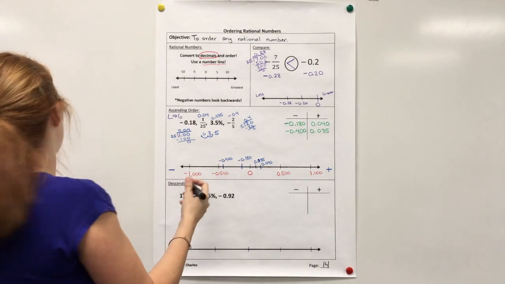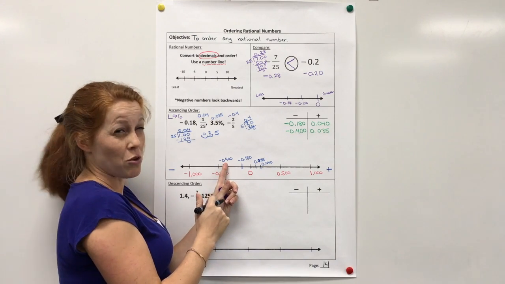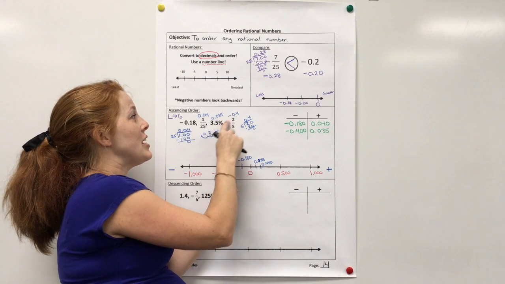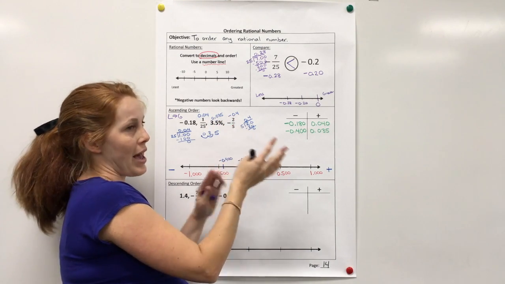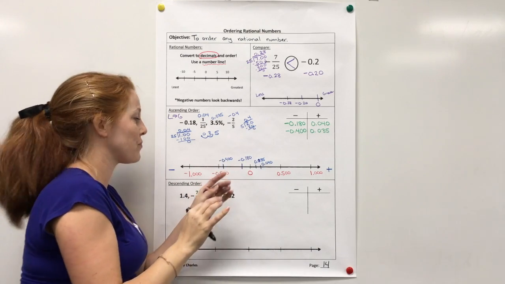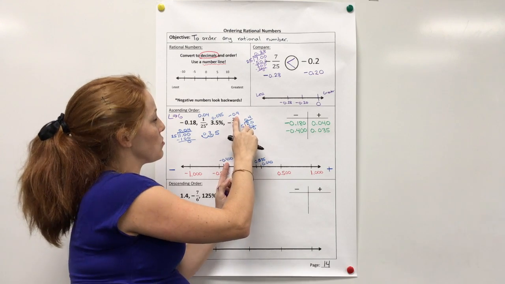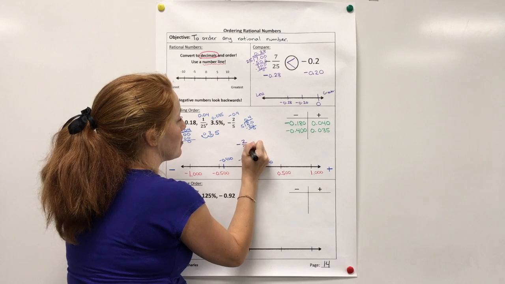Now, don't forget, we do need to put these back into original form, so I'm going to go ahead and put them back into original form as I list them. And again, this is why it's important to put each decimal next to your original form so that you don't accidentally mix them up later. Okay, so -0.400 would be this one. So least would be -2/5.